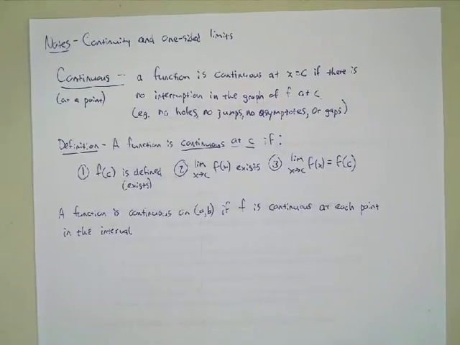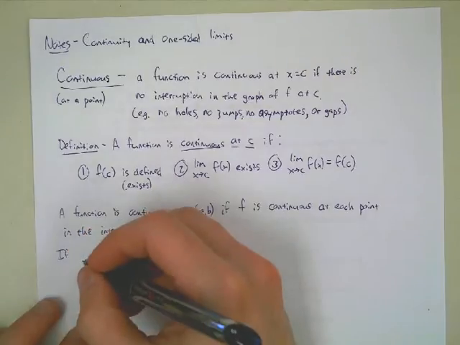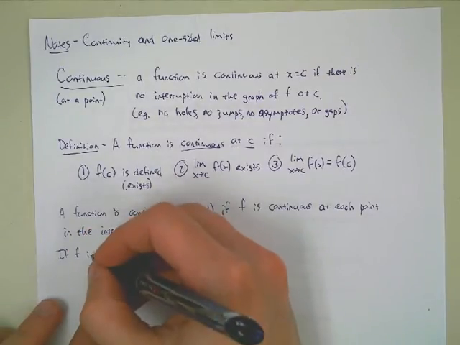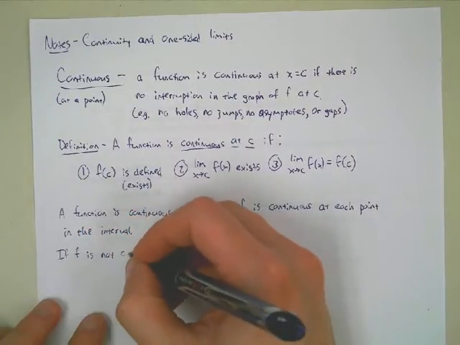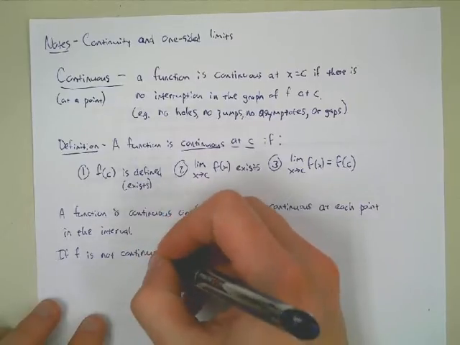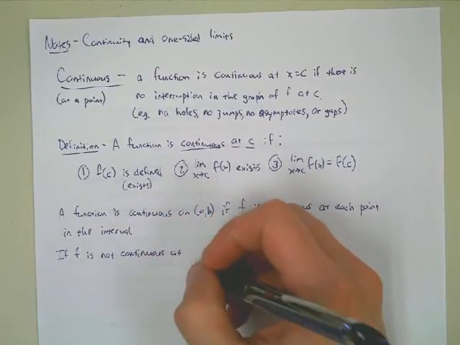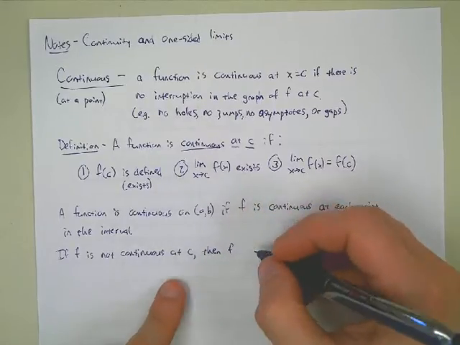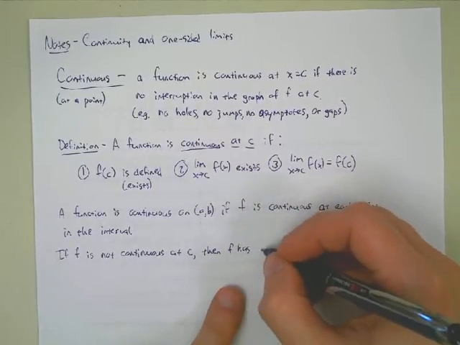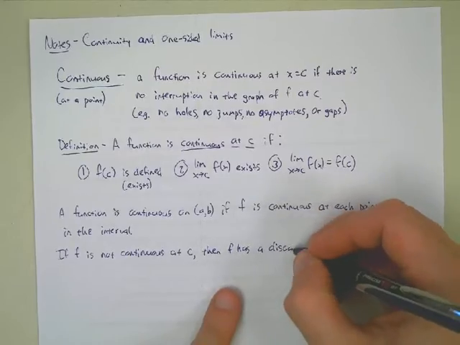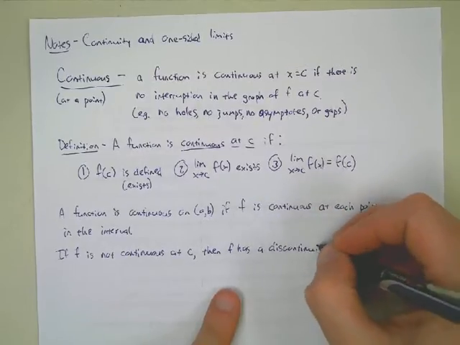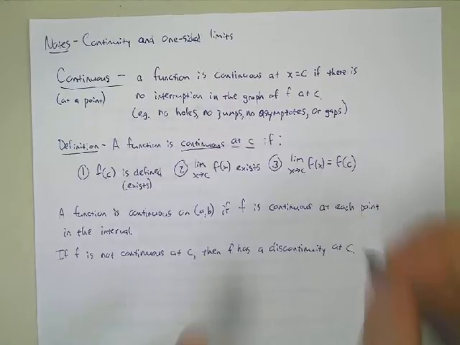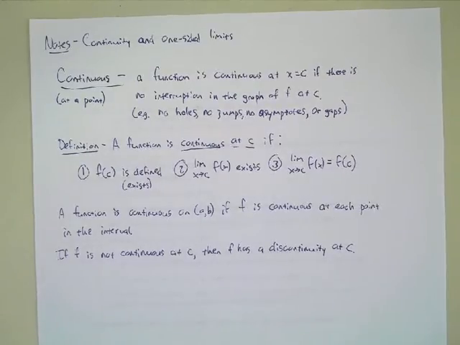So if f is not continuous at c, then f has a discontinuity at c. And there are two main discontinuities that we are going to look at.